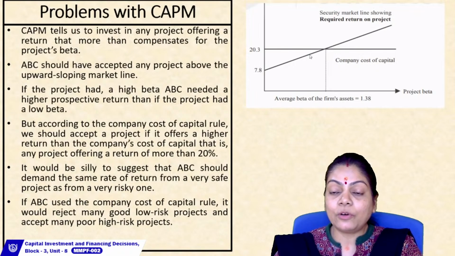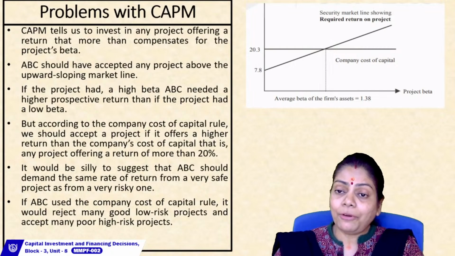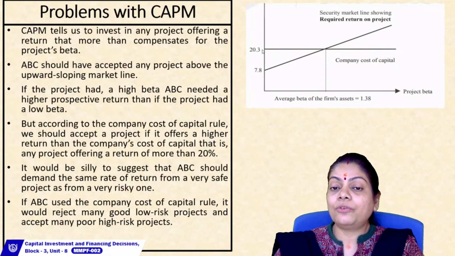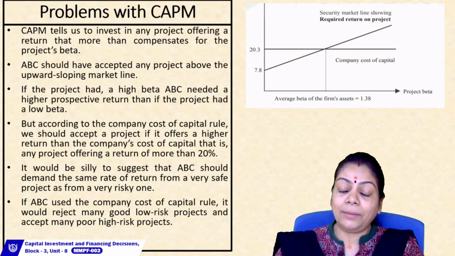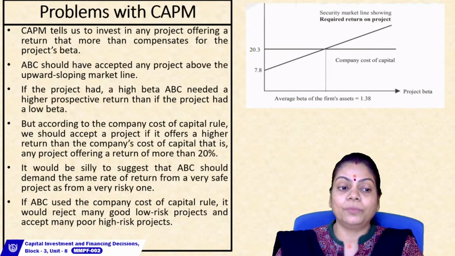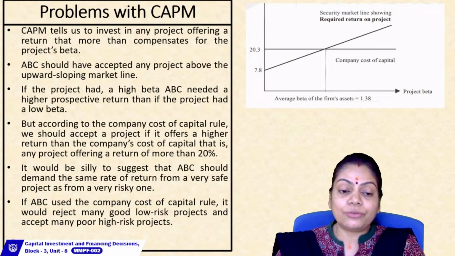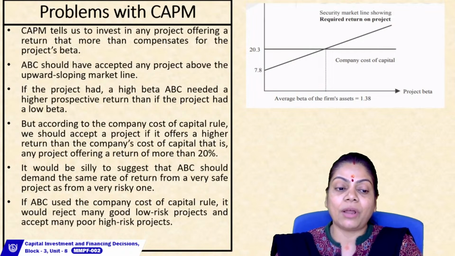Hence A will have a different cost of capital, and B will have a different cost of capital. However, if we go by the company cost of capital rule, we are going to use the horizontal line, that is the 20.3% for all the projects. With this intuition, we can imagine that this is not the right approach. It is really foolish to suggest that ABC should demand the same rate of return from a very safe investment as well as from a risky one.